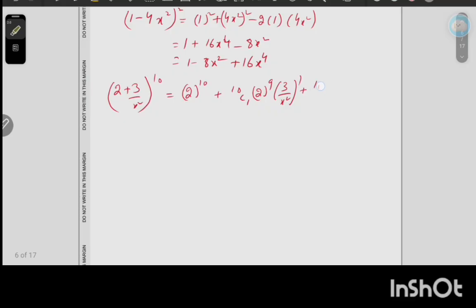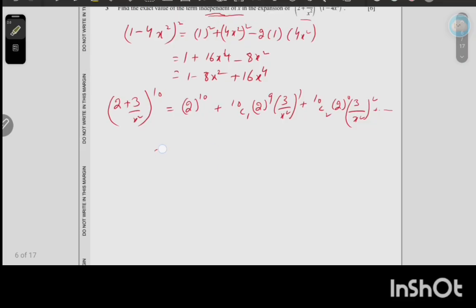Similarly, the pattern is 10c2, 2 power 0, and 3x square power 2, and so on. Okay, dear friends, now by using this, we have to combine all these things.